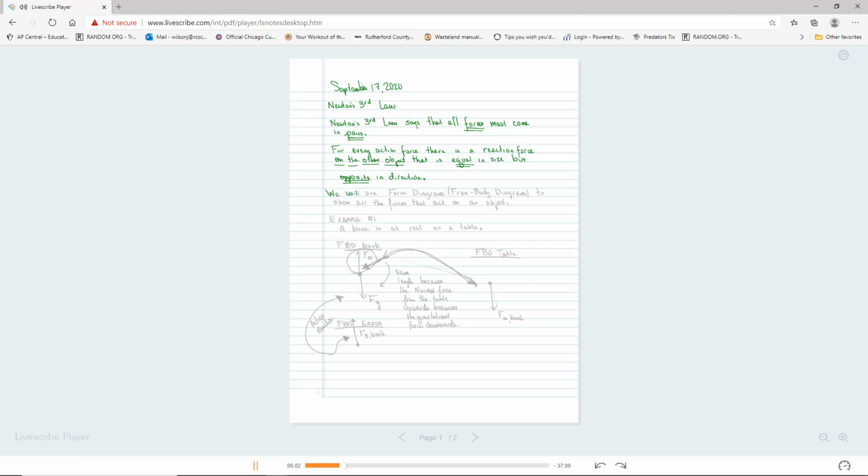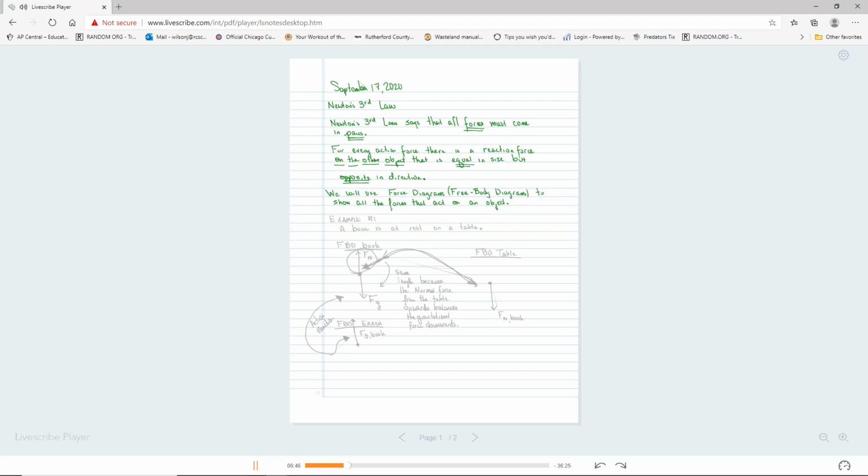Now, we will use force diagrams, which are more properly called free body diagrams, to show all the forces that act on an object. Free body diagrams.